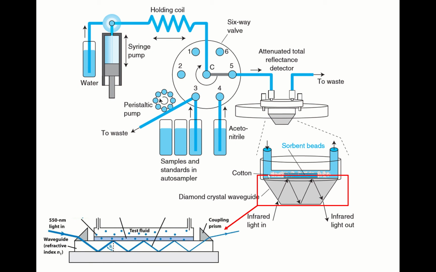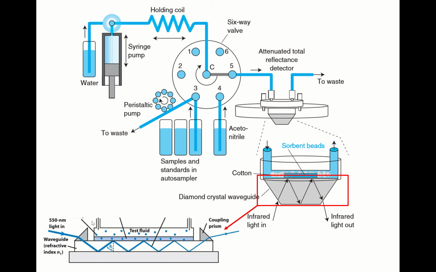This liquid contains the component of your interest, and it passes through this part, and then it goes out. This liquid flows on the other side, and you send your light from this prism. This is an expanded version.